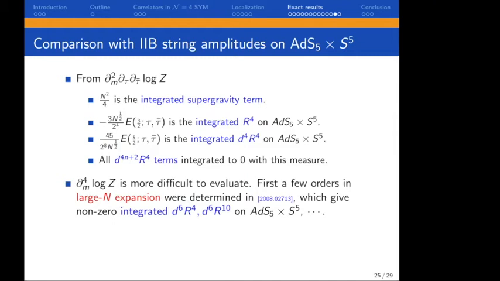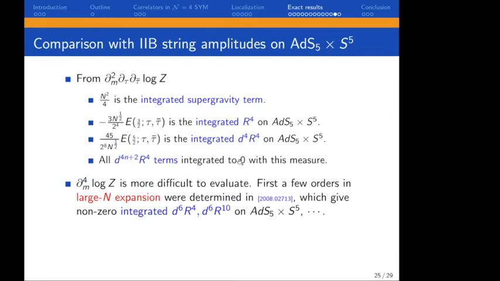Namely, take the supergravity result and integrate over this measure, and that, say 1/4, is the result you should get. Then the next one is basically taking R to the 4 on AdS5 × S5, and again integrating over that particular measure, and this is the number you're supposed to get, and so on.